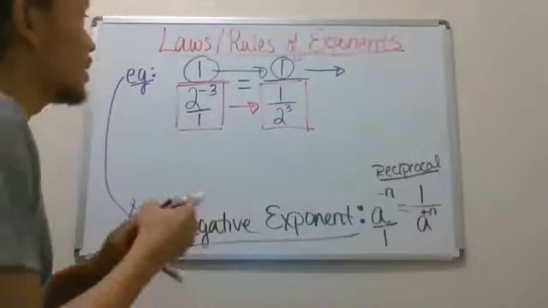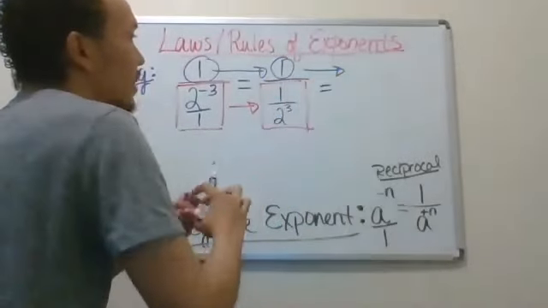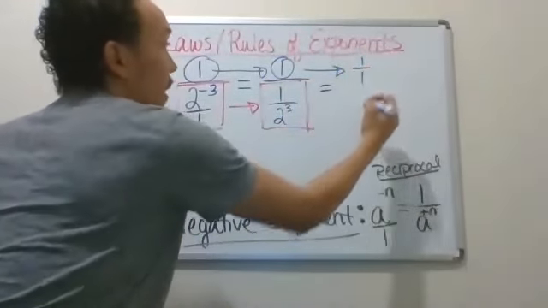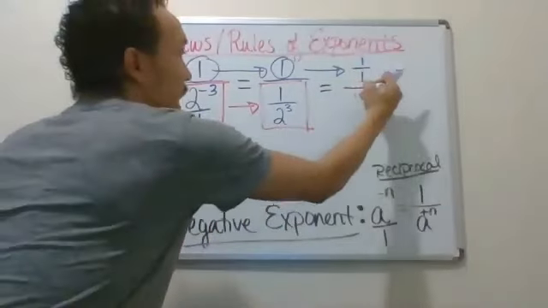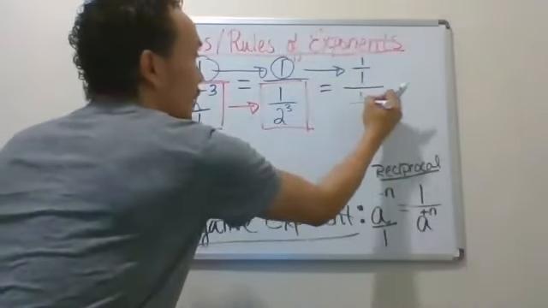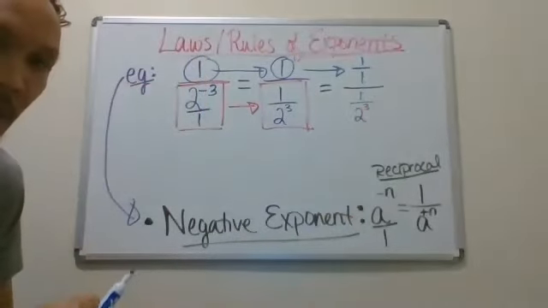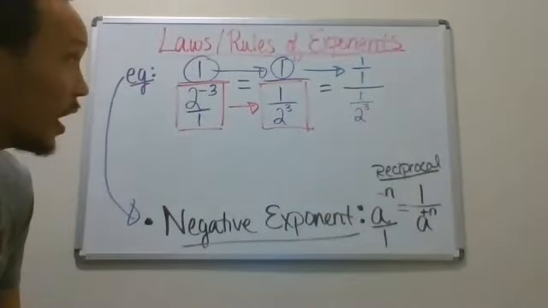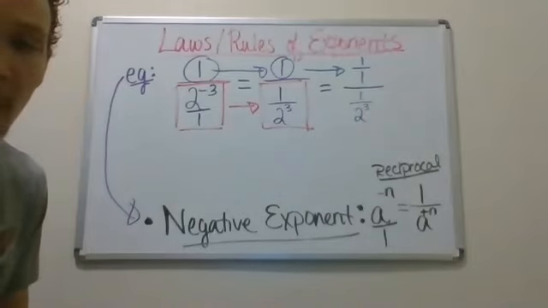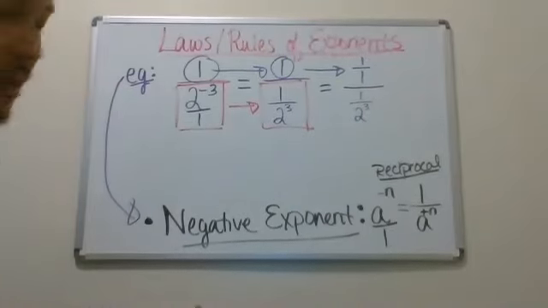So with that, we can rewrite 1 as 1 divided by 1 being divided by 1 divided by 2 to the third. We're going to keep it the same. And so now we are dividing fractions.